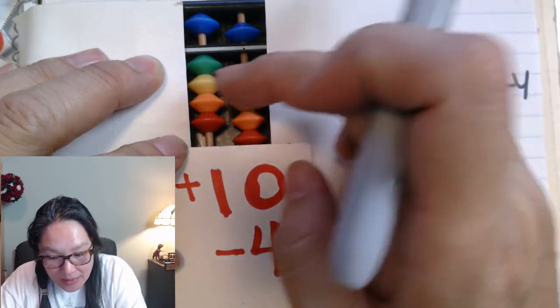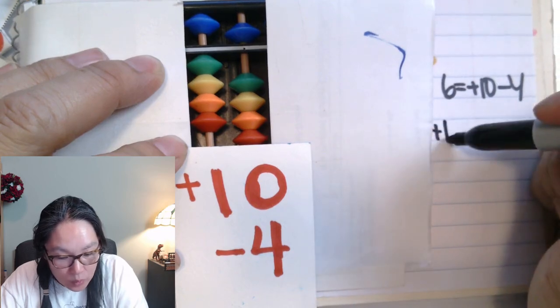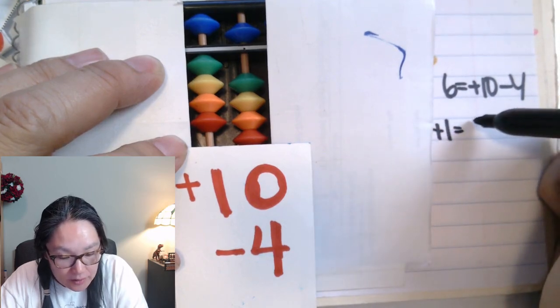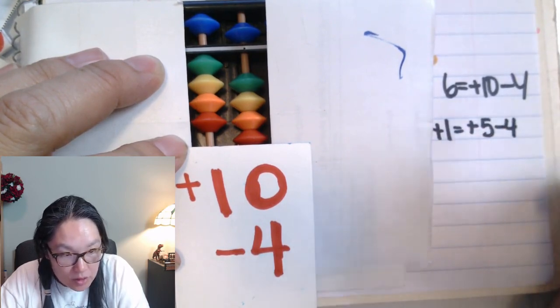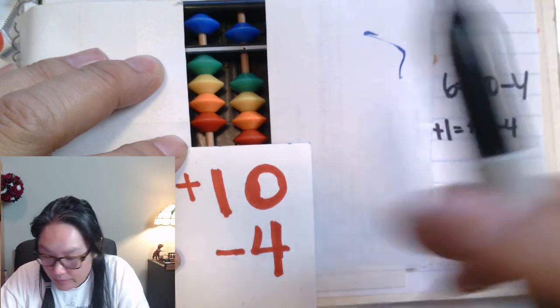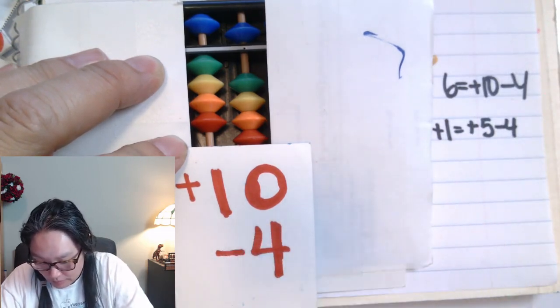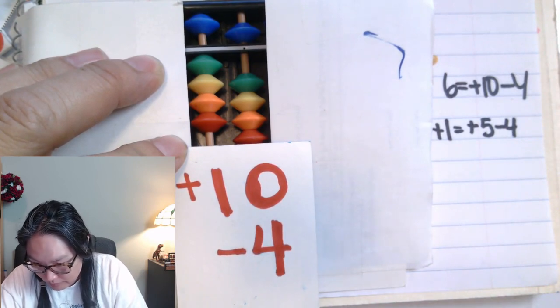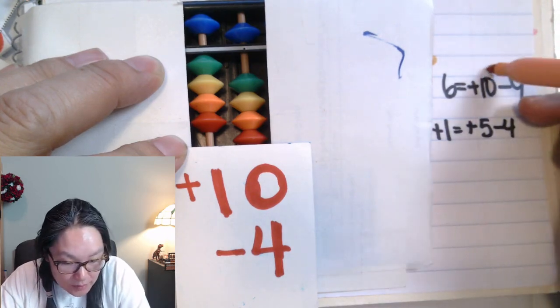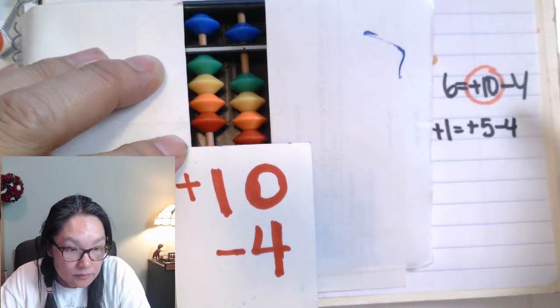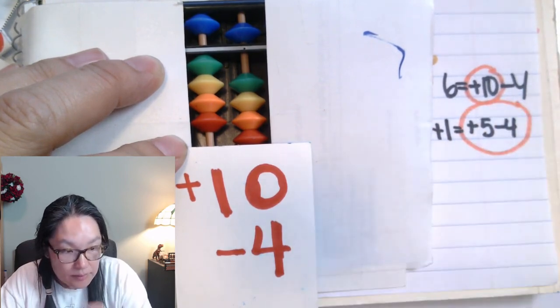So when we're going to add the 1, we have to add 1 is equal to plus the 5, right? Minus 4. So we just substituted this 10. We substituted this 10, and we made it into this.